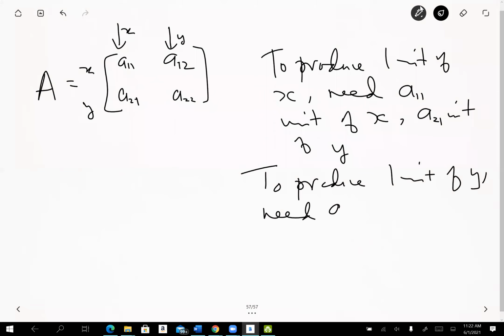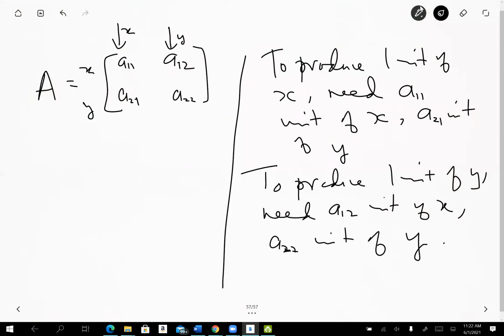We need A12 unit of X and A22 unit of Y. So given the information, we can get the matrix A.